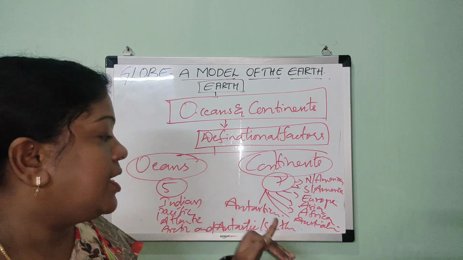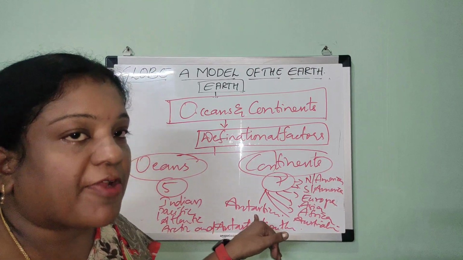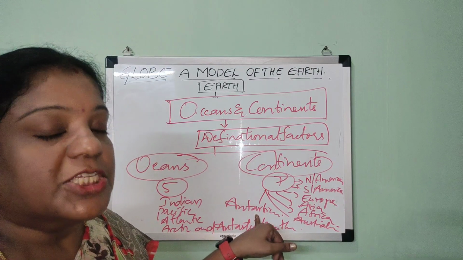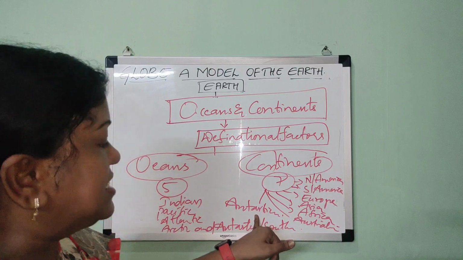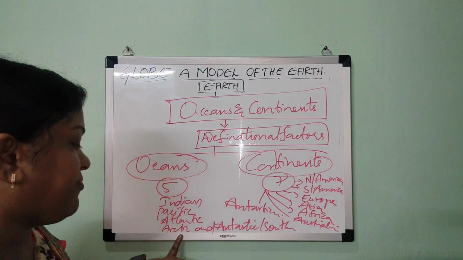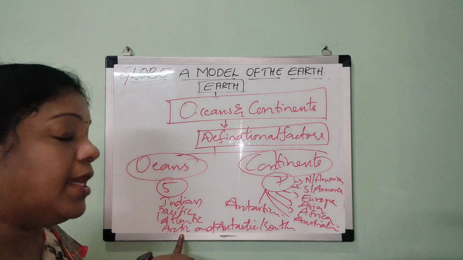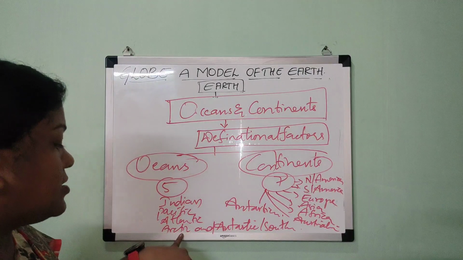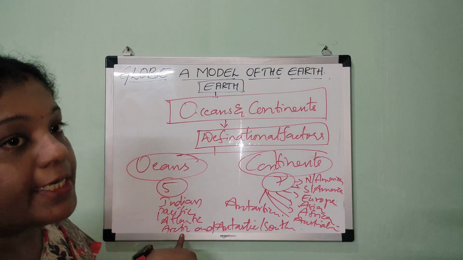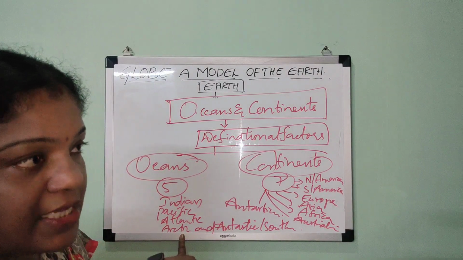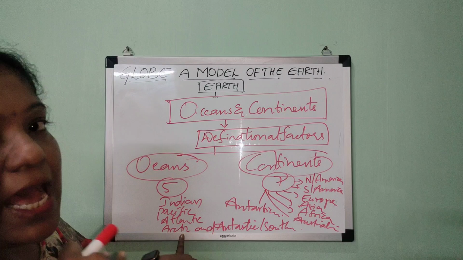That's the reason it is given the title shield of ice. In the same way, among the oceans, the Arctic Ocean is also near the North Pole and is covered with ice.